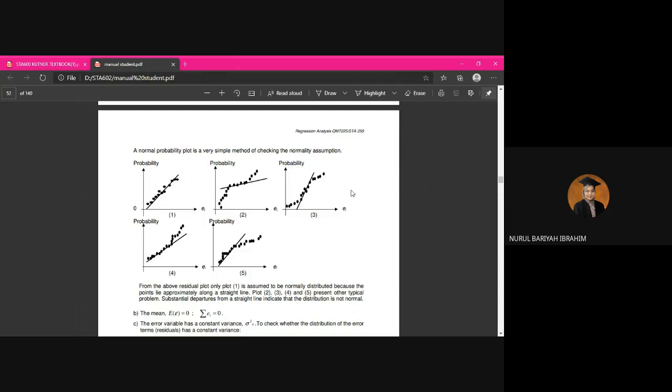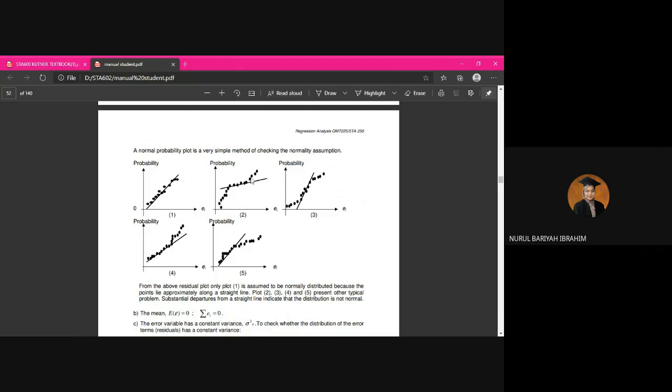Okay, which is we saying that the error term is normal if the normal probability plot is like this. Okay, so kita akan nampak kat sini the plot here is approximately ataupun most of the points approximately lies along the straight line. Okay, so we can say that this situation, this plot, showing us that the normality assumption is fulfilled, which is the error term are normal.